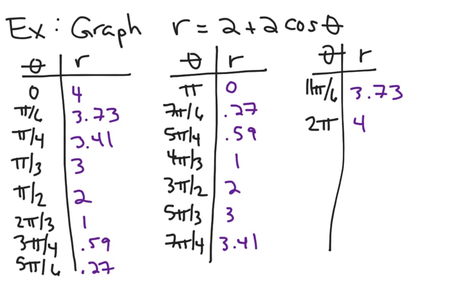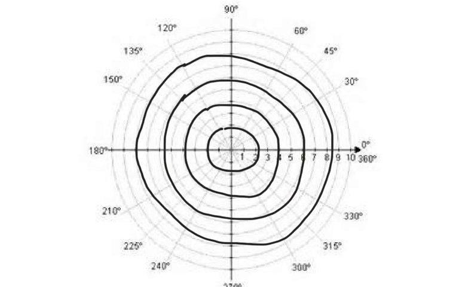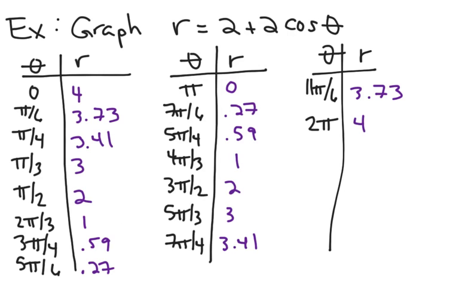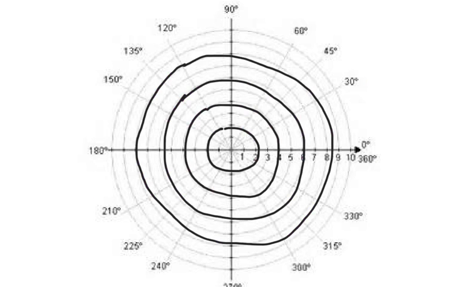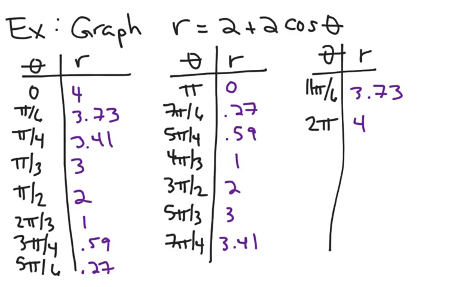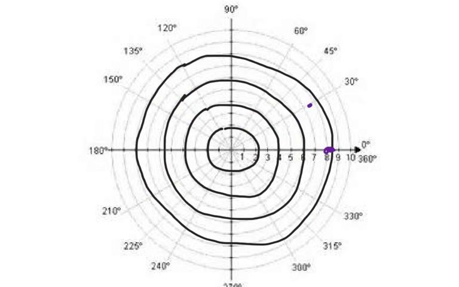Now we're going to graph this. I apologize for the really bad circles. Instead of going up to 10, I drew this so that there are 4 circles, so there's a maximum radius of 4 away from the origin. When we started this at an angle of 0, we were at 4. So I'm going to put at 0 my 4. And then at pi over 6, it was like 3.71. And then at pi over 4 it's 3.41, so it was probably about there.